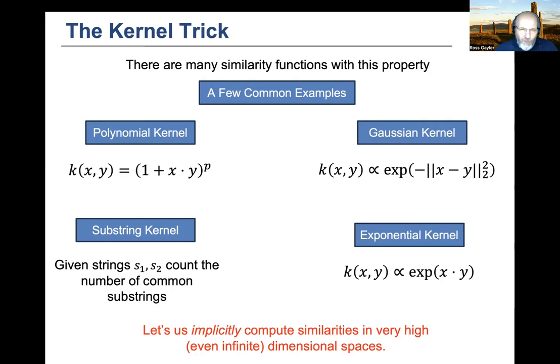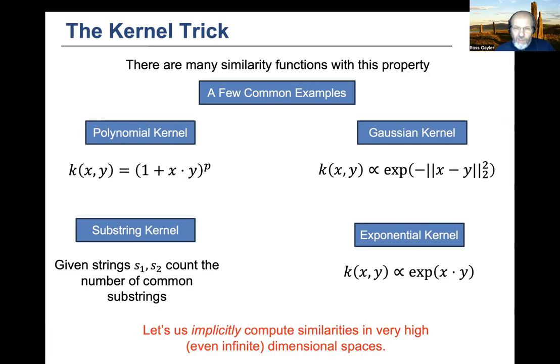When we're talking about kernels here, once you've learned to solve some particular problem, the kernel is fixed over all the possible data pairs that you might consider. So the similarity there is static.